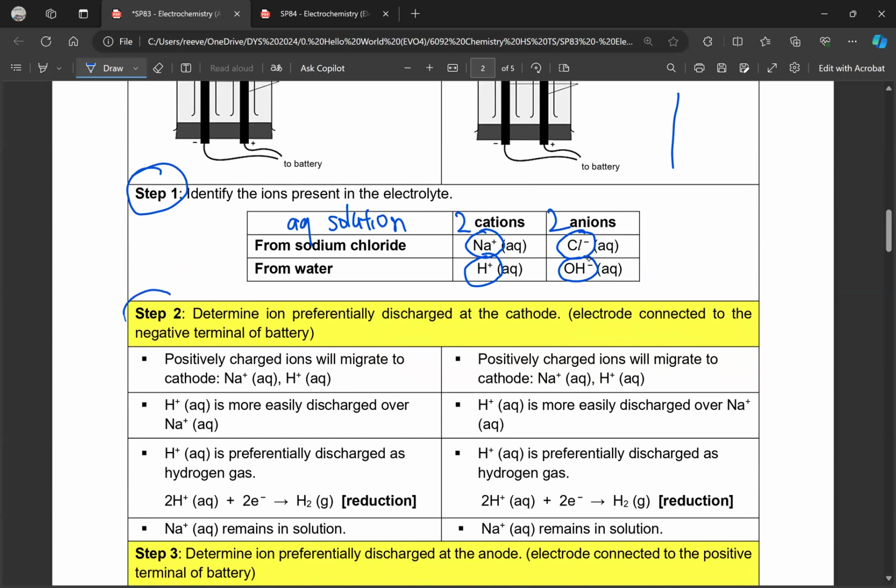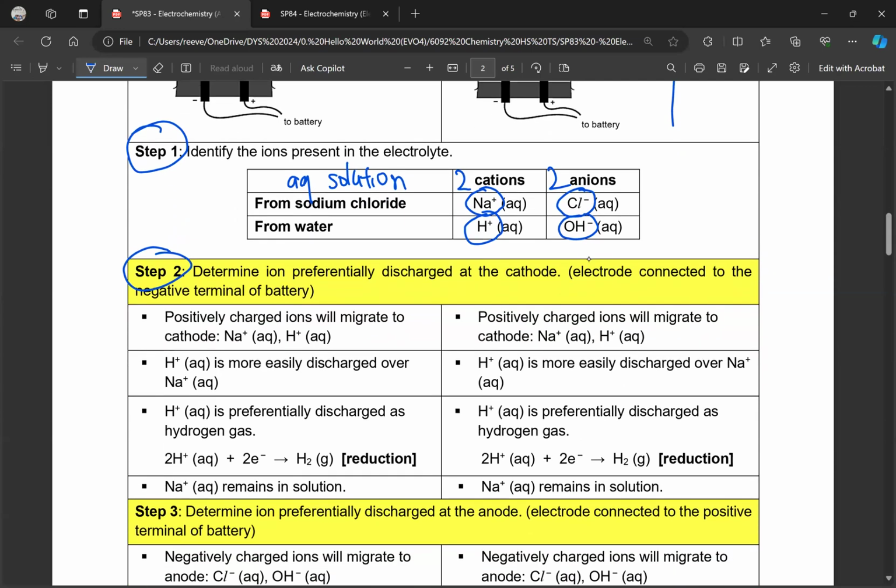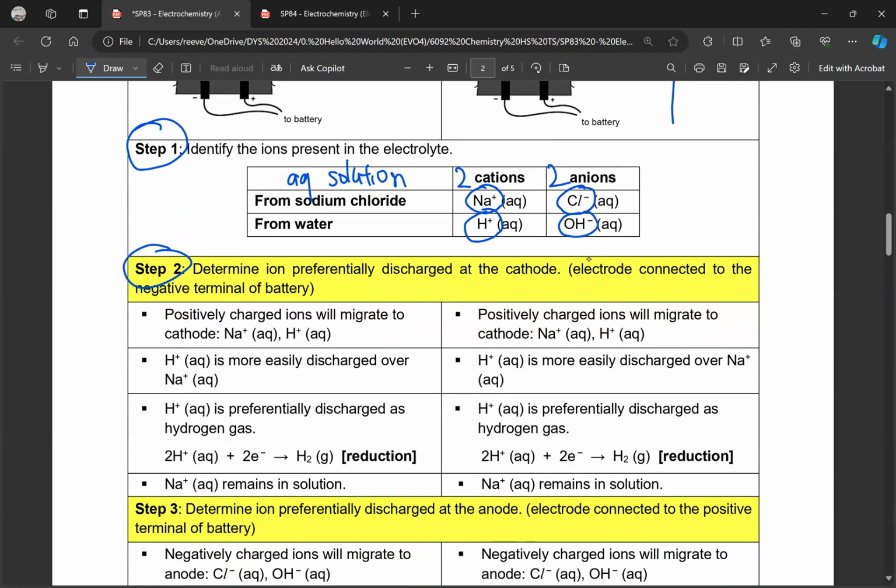Okay, step two. You realize for step two I highlight the yellow box, which means complicated. So for step two, let's look at the cathode. And this is the anode. Sorry, my bad. Both are cathode.